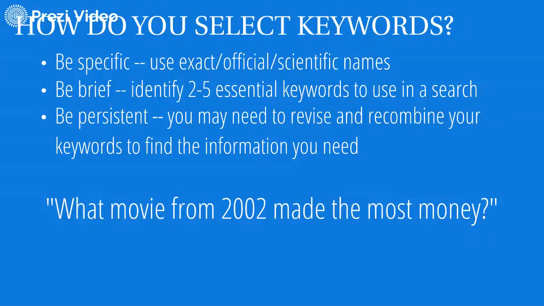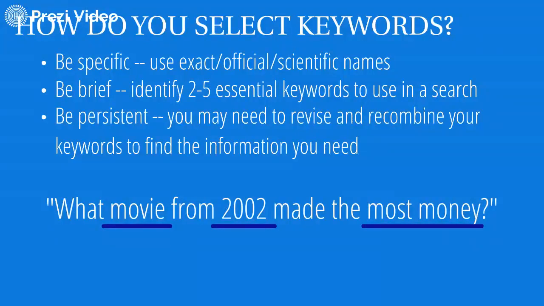So let's take an example. Here's a search question. What movie from 2002 made the most money? And there are really 3 essential key concepts, keywords that we can pull from this. And the first is movie. The second is the year it was made, which is 2002.